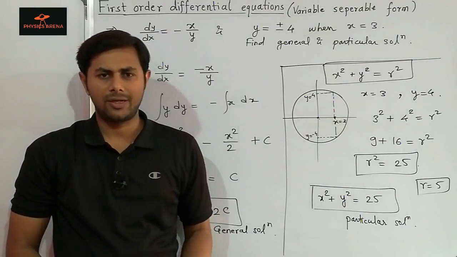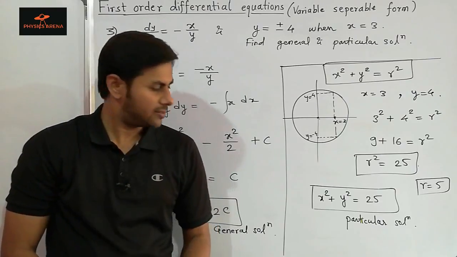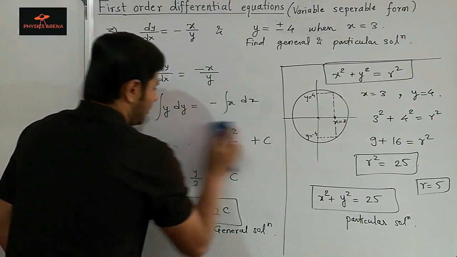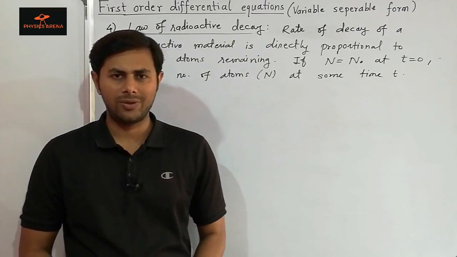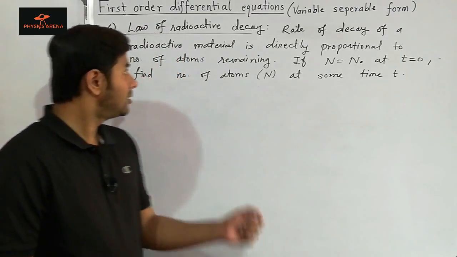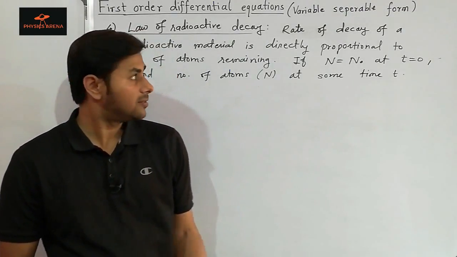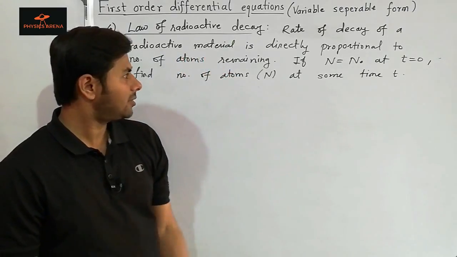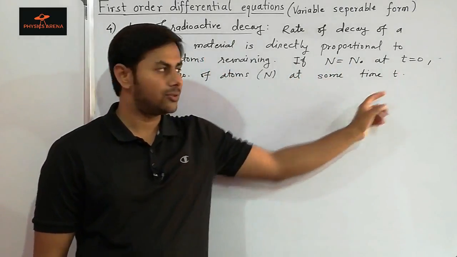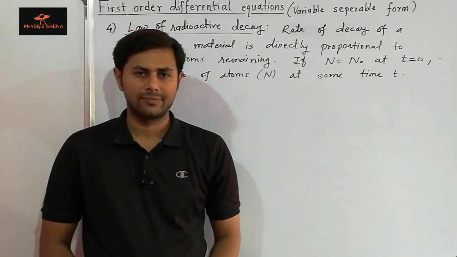Okay, now let us see some examples from engineering and physics. Now let us see problem number 4, and it is based on the law of radioactive decay. The law says that the rate of decay of a radioactive material is directly proportional to the number of atoms remaining at that time.